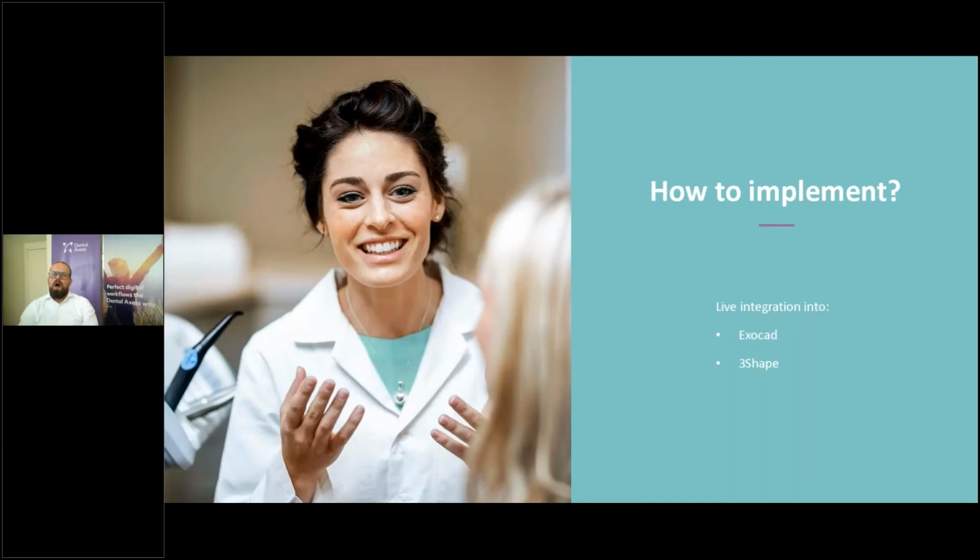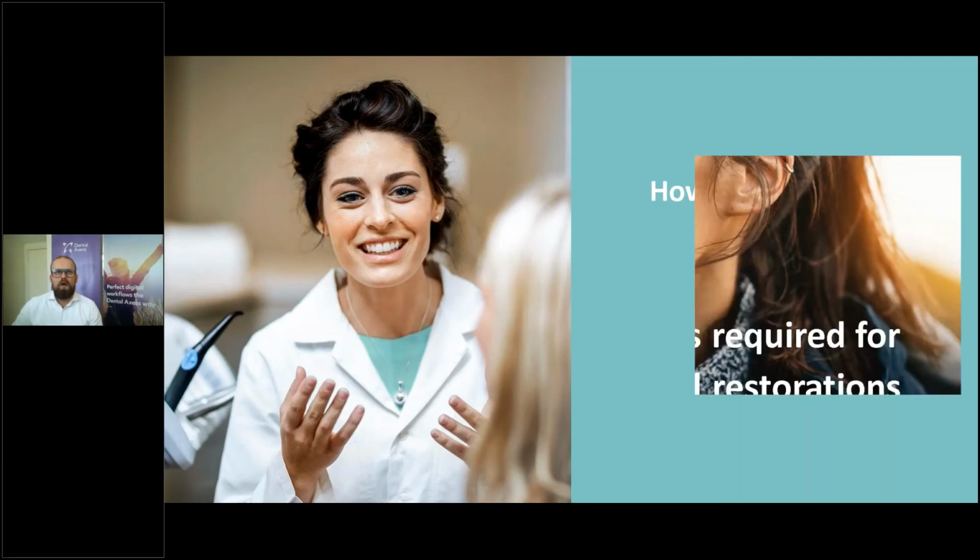So how are we going to implement it? We're going to do a live integration into Exocad and 3Shape. So I have some dongles I'm going to put in first of all. And I want to show you first where we are able to get our libraries, because that is very important to start with.